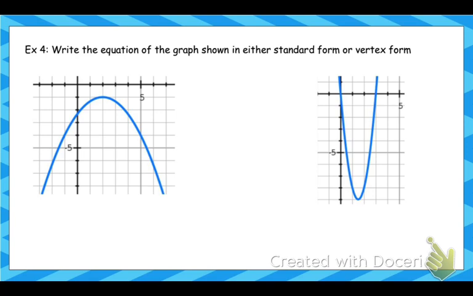So on this first one, I'm going to use the vertex and a point. So the vertex here is 2, negative 1. And then I can use any point in this graph I want. I'm going to pick probably the clearest point, which is over here at 5, negative 4. So I'll do vertex form.